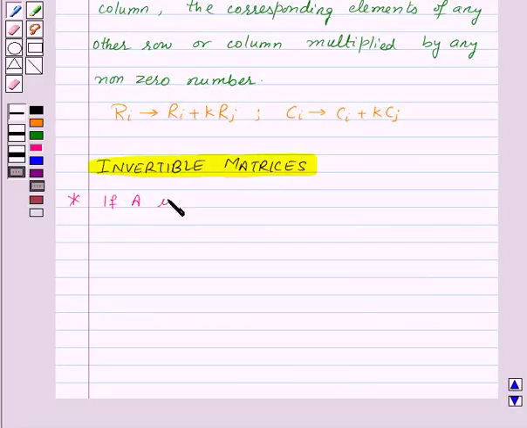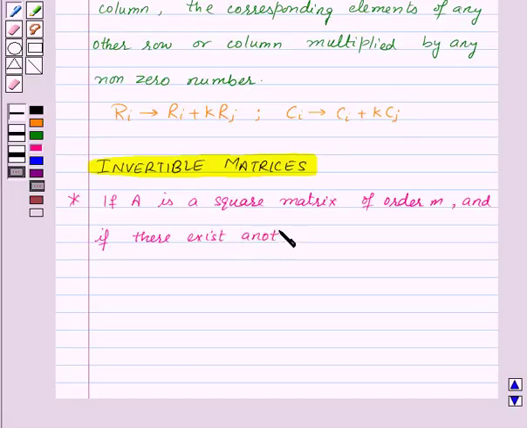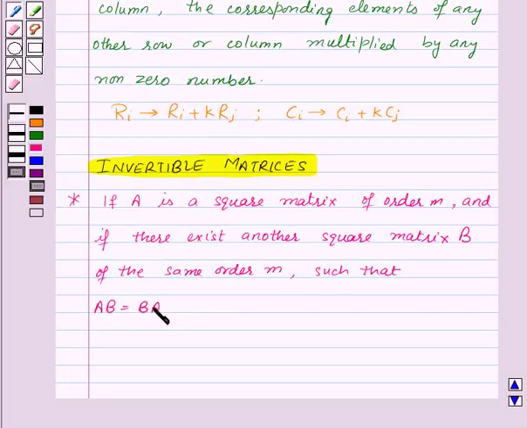If A is a square matrix of order m, and if there exists another square matrix B of the same order m such that A into B is equal to B into A is equal to I, that is identity matrix, then B is called the inverse of matrix A.